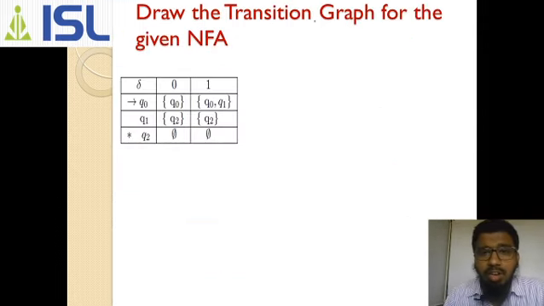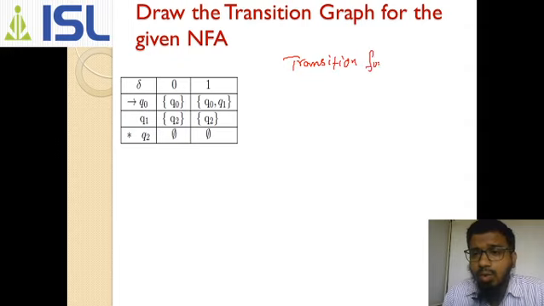So I will just write here: transition function.